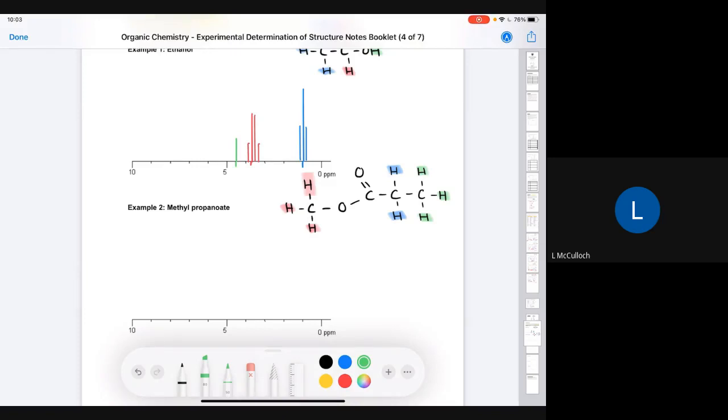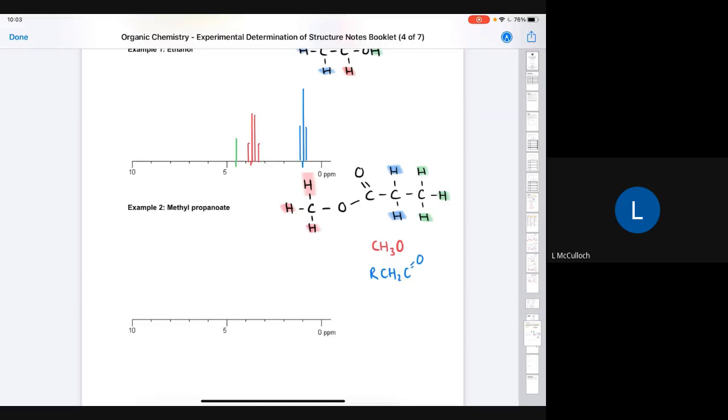So for this, I'll actually just write out what all the different environments look like for when you're looking at page 16. For the red environment, it's basically a CH3 bonded to an O that we're looking for. I'll just put it CH3O. For the blue environment, it's CH2, with an R group on one side and a C double bond O on the other.